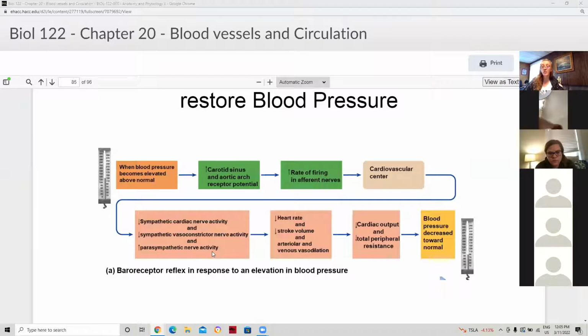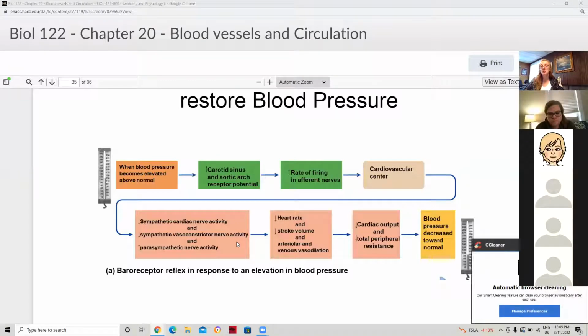I will let you know that the parasympathetic nervous system does not regulate the radii of vessels. Sympathetic alone does. So this is one of those few things that's not dually regulated. When it says it's increasing the parasympathetic, it's to slow down the heart rate, with no effect on blood vessels.